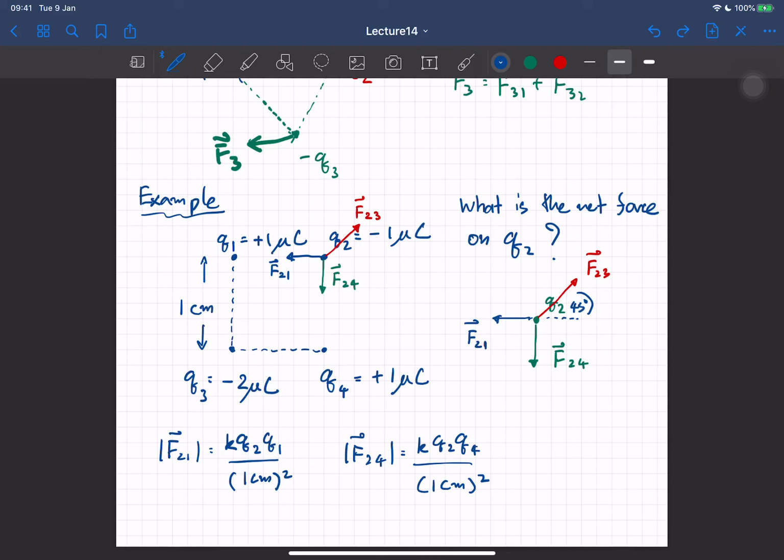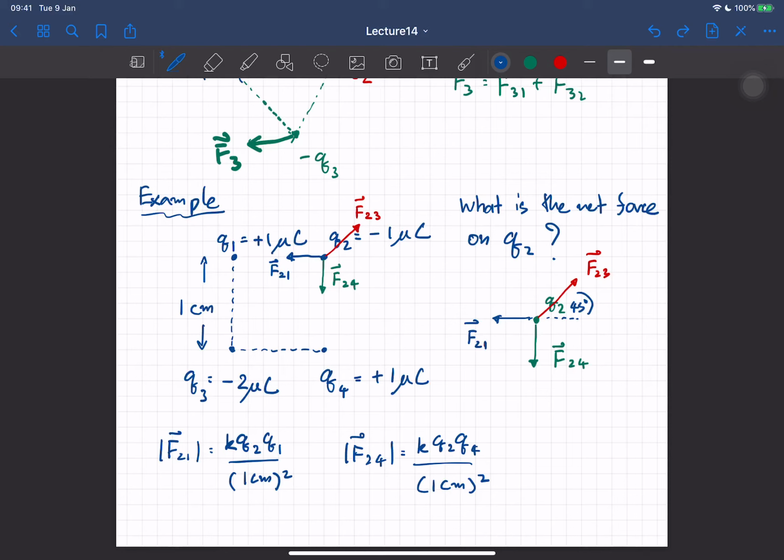Maybe accidentally, because I just chose the numbers to be this way. If Q4 is something different, maybe like 2 here, then the distance Q24 will be longer and they don't have the same magnitude anymore. So that's just the way I set it up. But in this case, they have the same magnitude, F21 and F24.